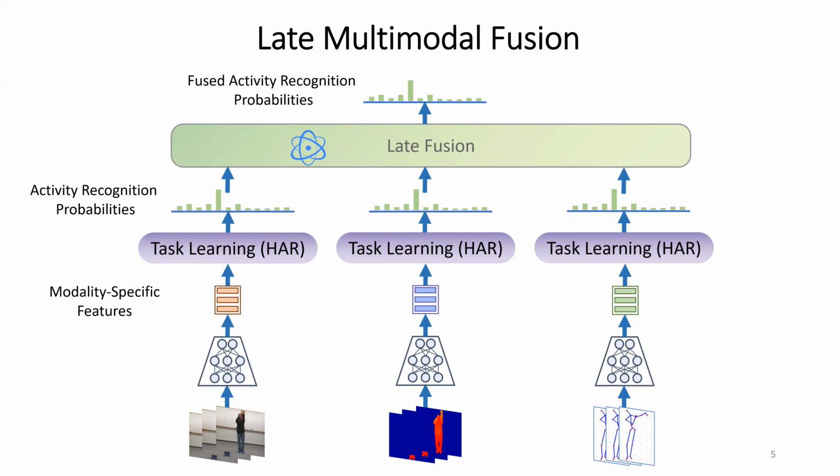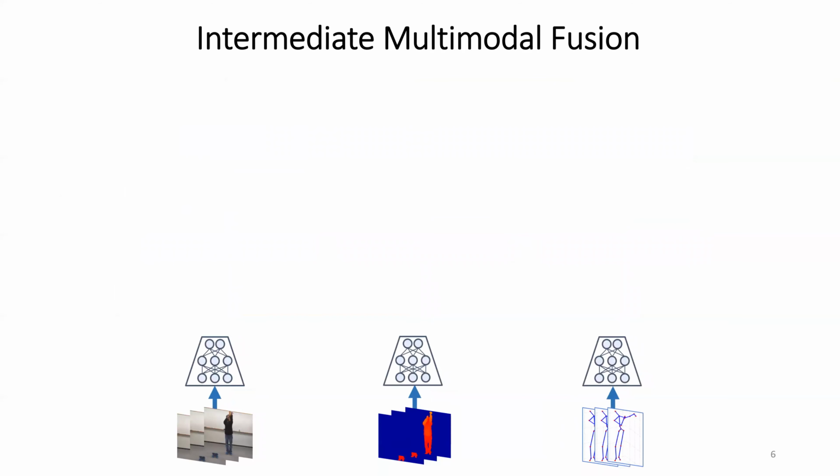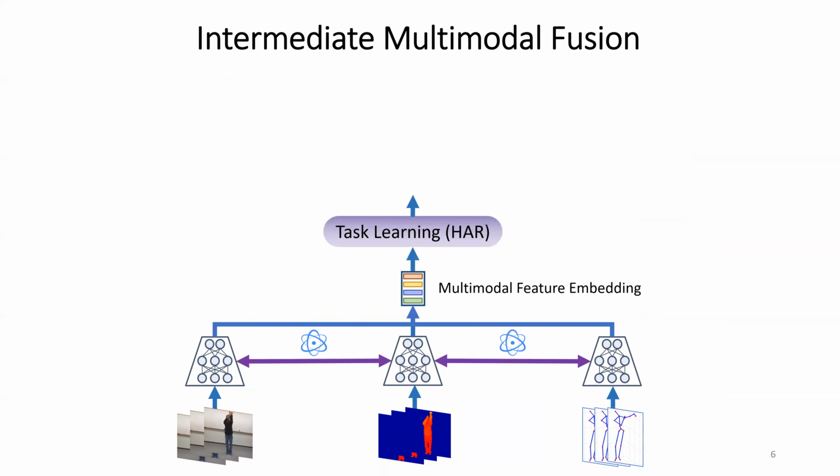This approach solves the problem of early multimodal fusion and extracts the modality-specific features, but it doesn't allow intermodality interactions to produce the multimodal feature representation. To address this issue, intermediate multimodal feature representation approaches have been proposed, which allow intermodality interactions and produce the multimodal feature embedding, which is then used for the task learning network.